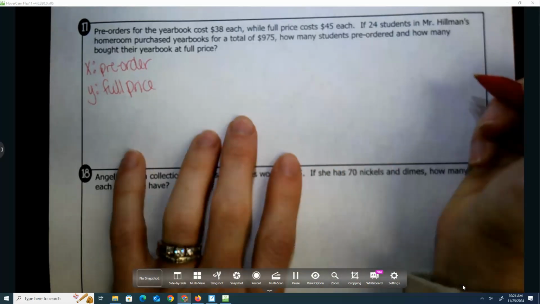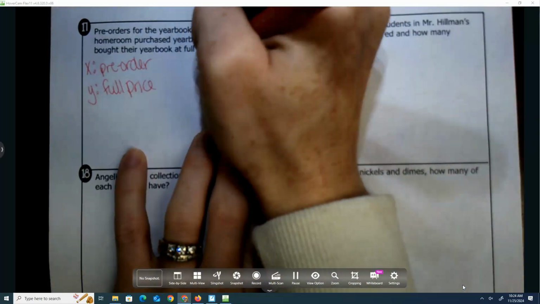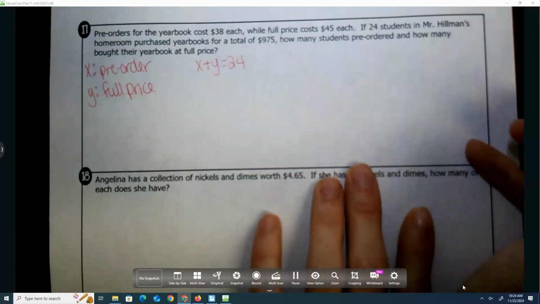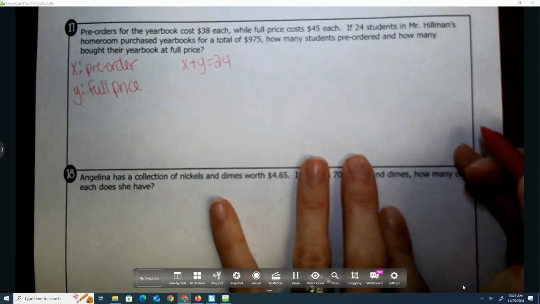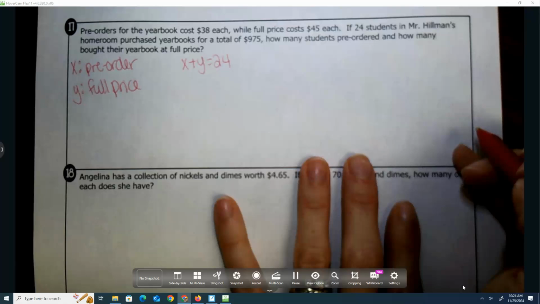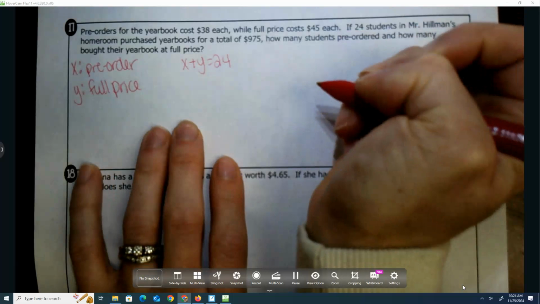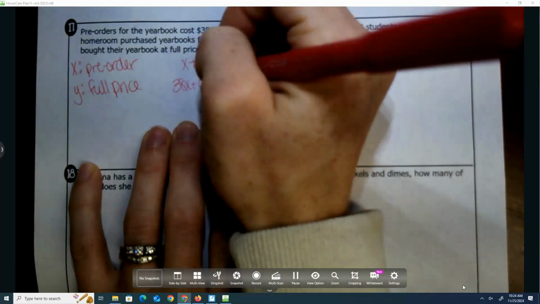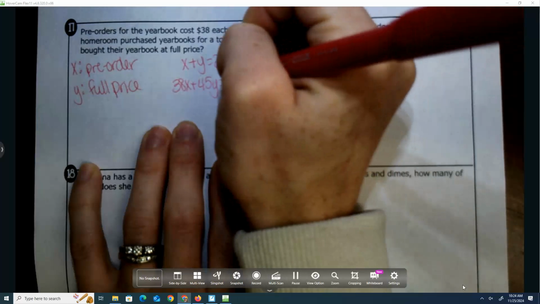Holden? X plus Y equals 24. Right. We know there are 24 yearbooks, so x plus y equals 24. The other thing it talks about is the price. Who can help me write the price equation? Kylie? 38x plus 45y equals 975. Good.